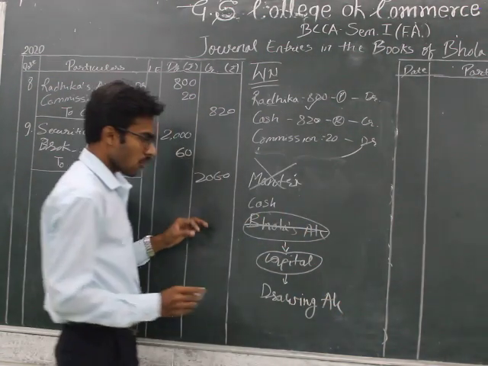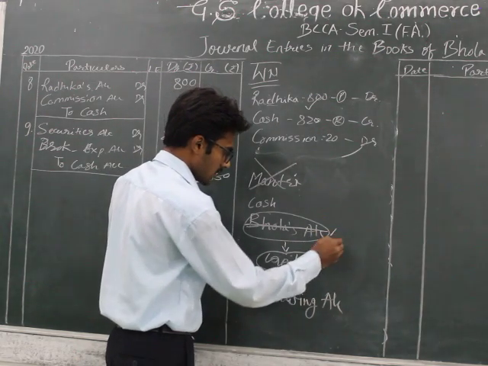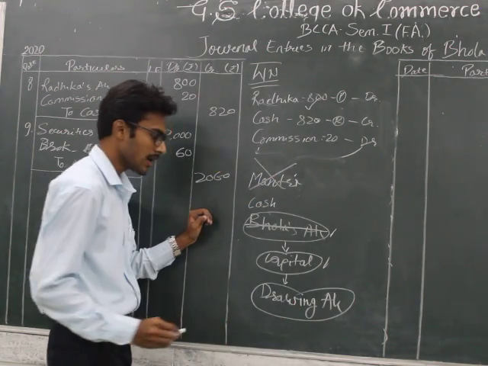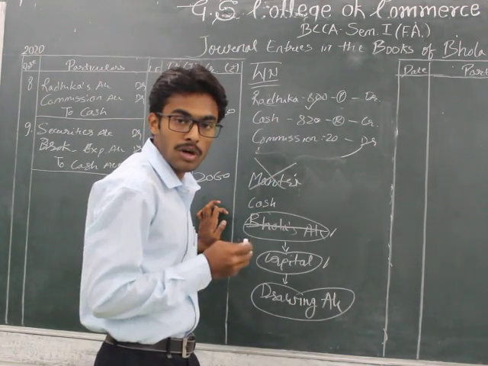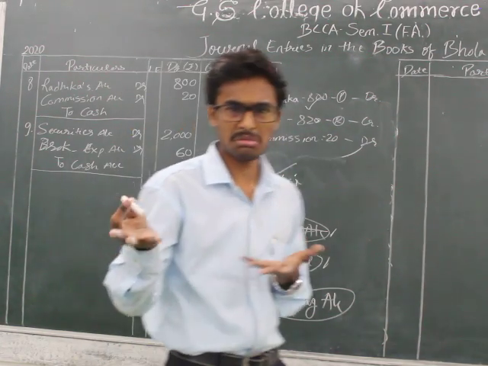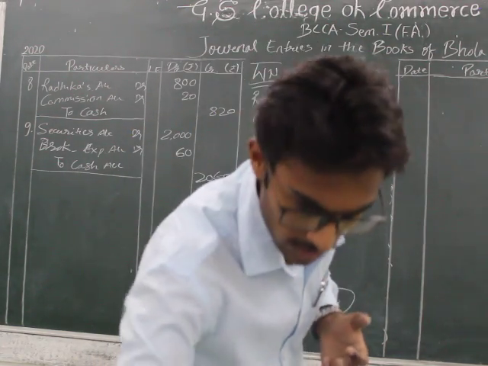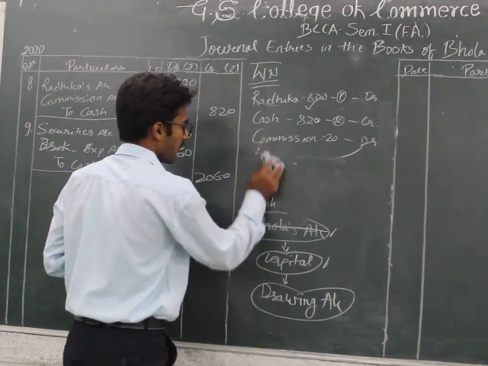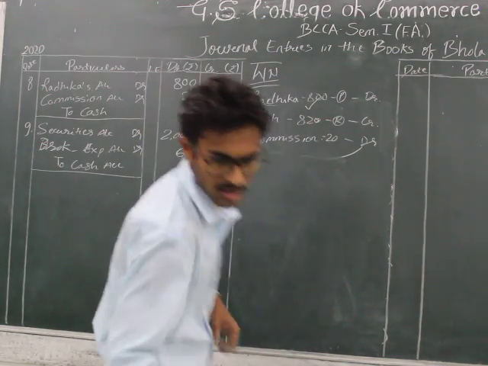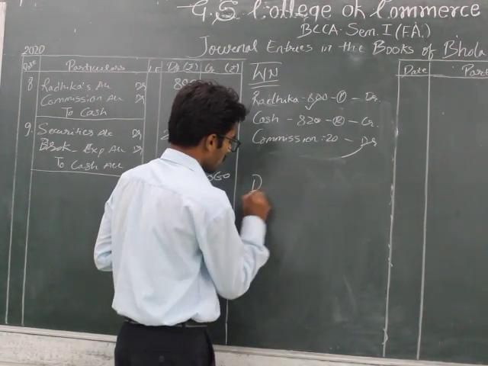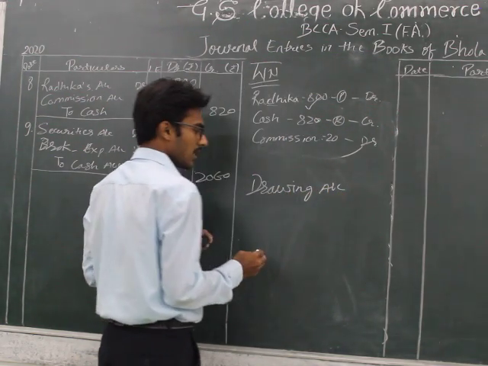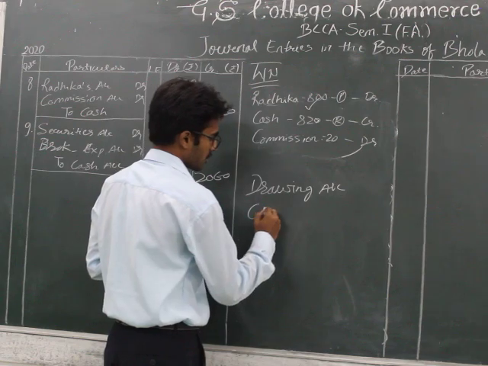So instead of this and this, we have to use the drawing account here. Why? Because Bhola is drawing something to give to Monthly. So here we will again have two aspects as we have discussed. First one is the drawing account, and the other one will be cash.